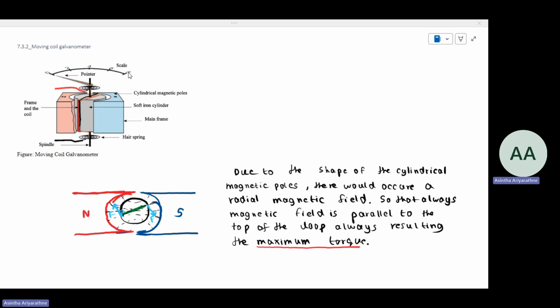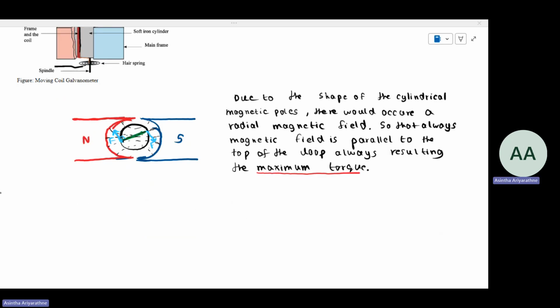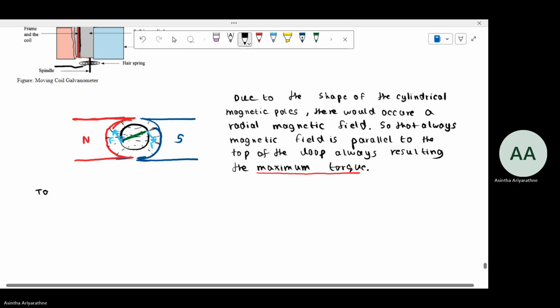So in order to stop this, to counter the torque acting on the current carrying loop due to the current flowing through it, there should be a resistive torque acting in the opposite direction.